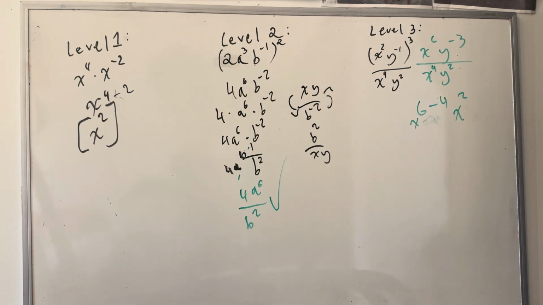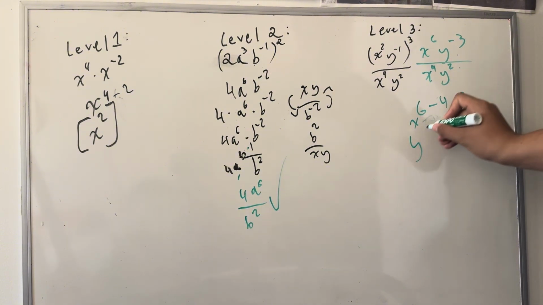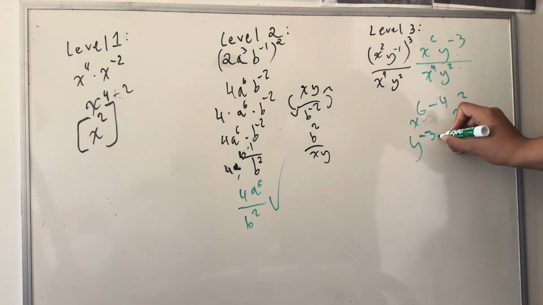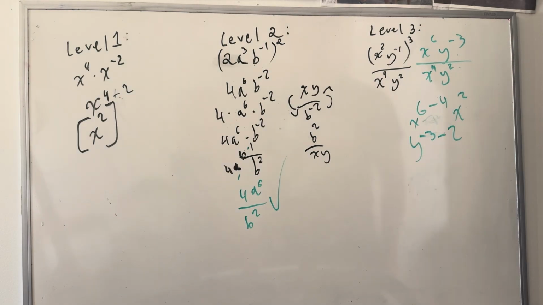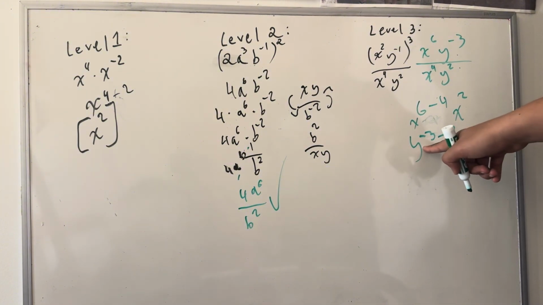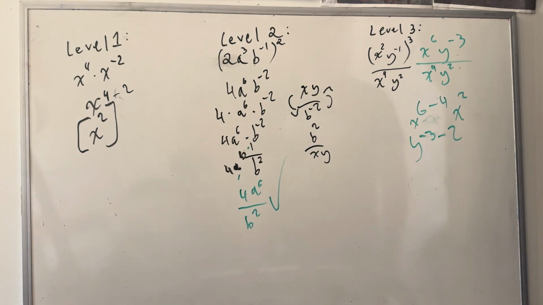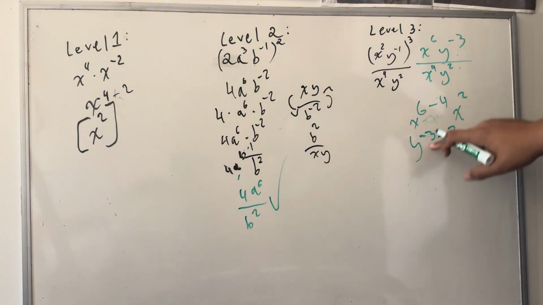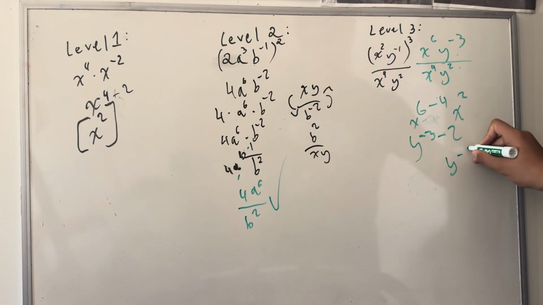Now we have an x squared. Get this wrong, you might think this is negative 1. But no, it is y to the negative 3 minus, you always subtract, 2. The reason I put it in this way instead of 2 minus 3, because it would be 2 minus negative 3, and that would be positive 5. But what we have here is negative 3 first, minus 2. So this equals y to the power of negative 5.